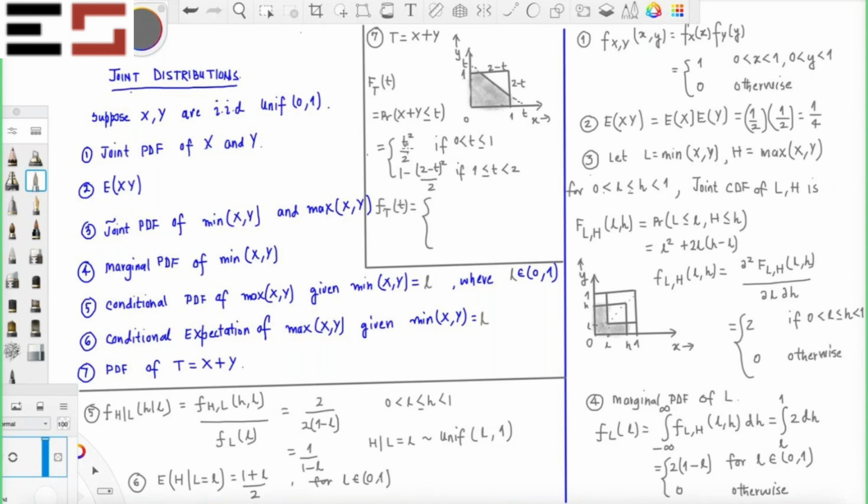This is t, and what about this? This is 2 minus t, right? Please check.